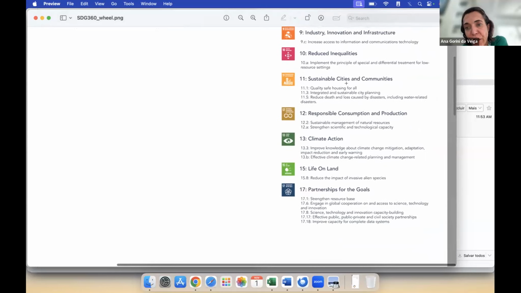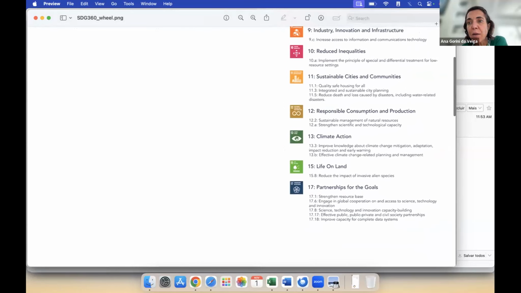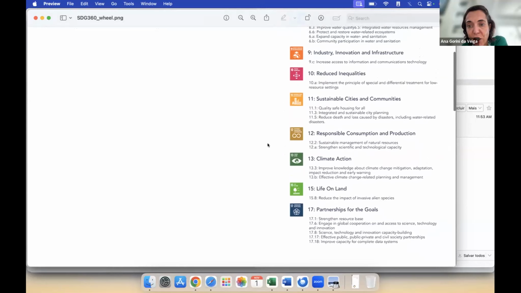Sustainable cities and communities is also related to that. Responsible consumption and production.